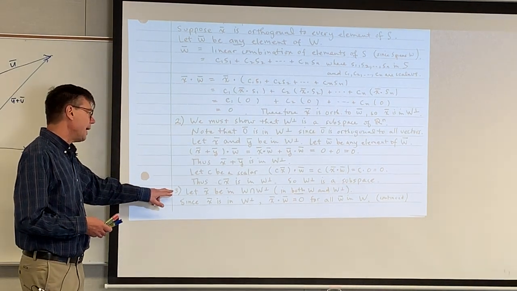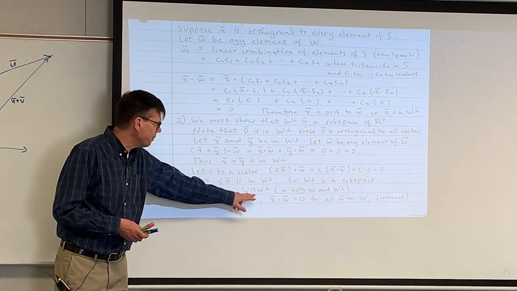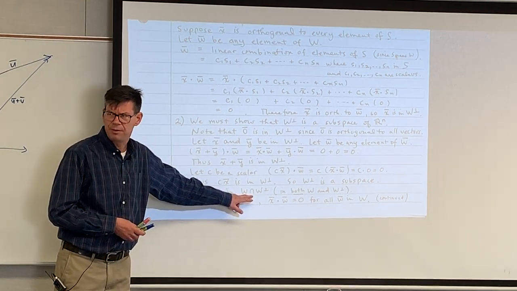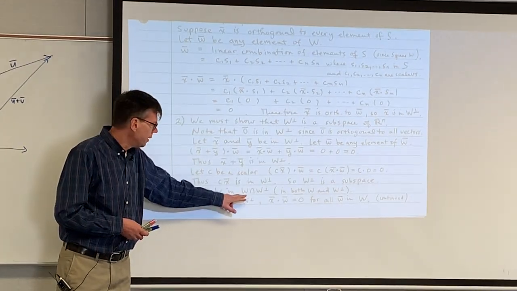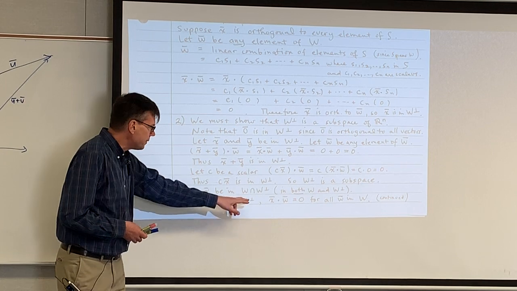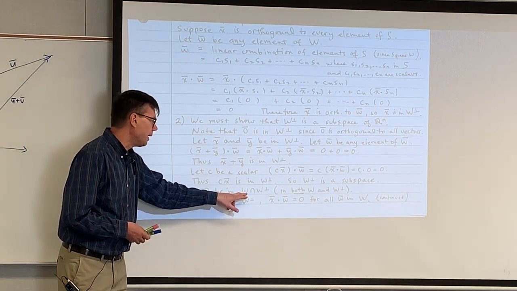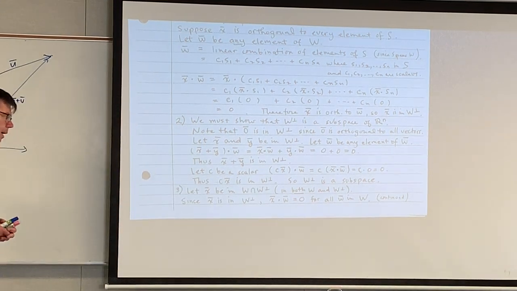And finally, let X be in the intersection. I hope I'm not throwing out a mysterious symbol that no one's ever seen before. When we use that upside down U, that means intersection, the overlap of these two. Let X be an element of both W and W perp.